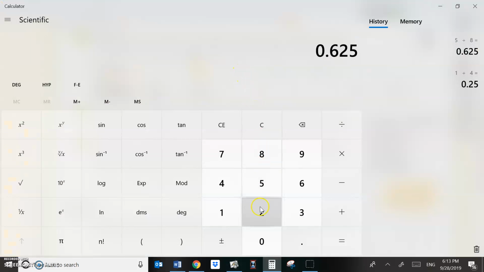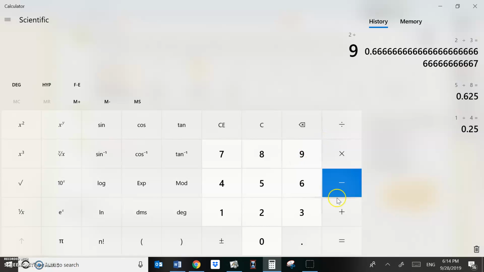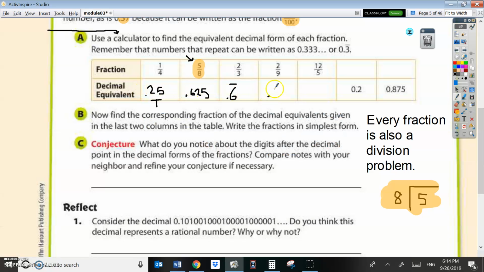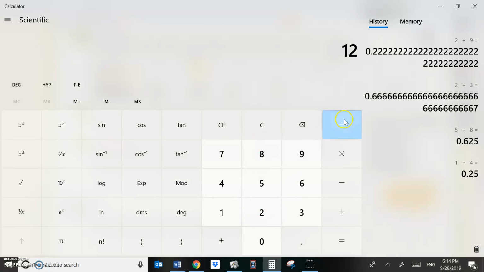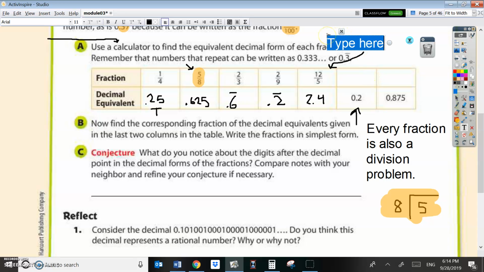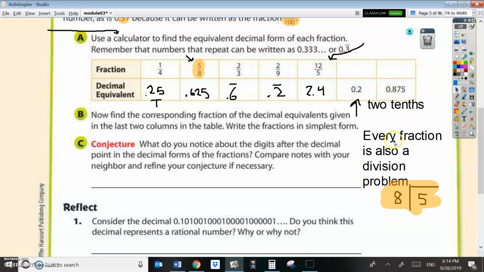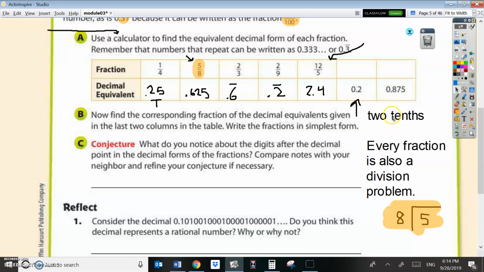2 divided by 3 equals 0.6 repeating. 2 divided by 9 equals 0.2 repeating. 12/5. 12 divided by 5 is 2.4, so this one here, you would read as 4/10.